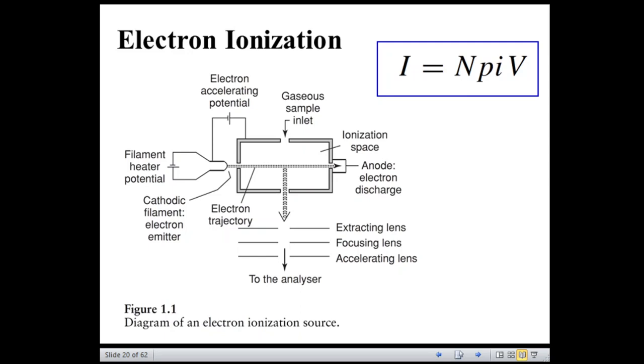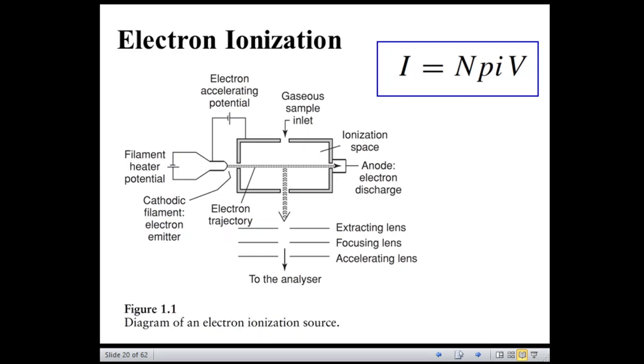As you can see in the figure, this source consists of a filament heater, then the electron accelerating potential, an inlet for the gaseous sample, because it works well with gas phase molecules, and then an electron trajectory, or the path.